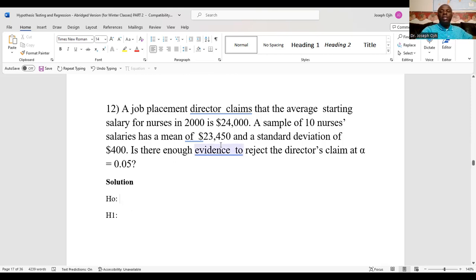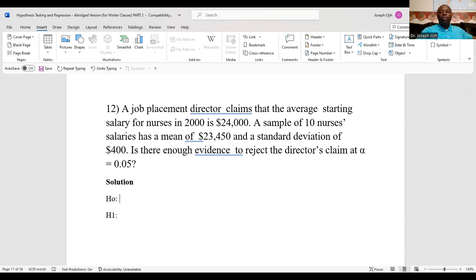So we put the mean equal to 24,000, and that is the claim. The alternative hypothesis is going to be the opposite of that, which means the mean is not equal to 24,000.